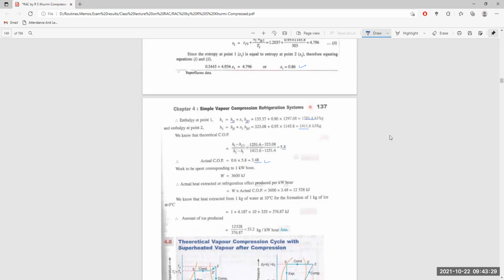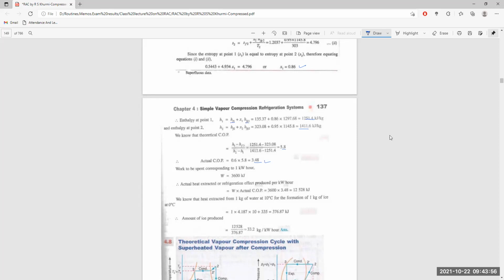And we know that the heat extracted from 1 kg of water for the formation of 1 kg of ice at 0 degrees centigrade is 1 multiplied by 4.18 into 10 plus 335, where 10 is the difference in temperature between 10 degrees and 0 degrees.